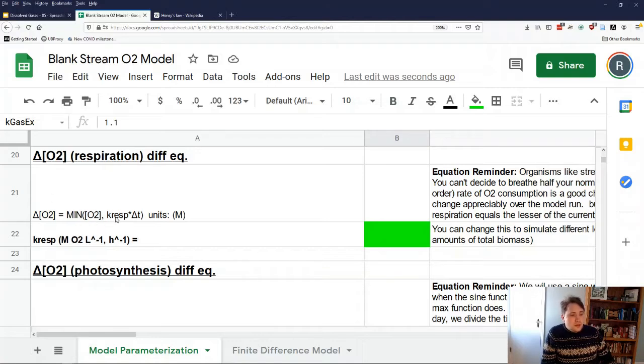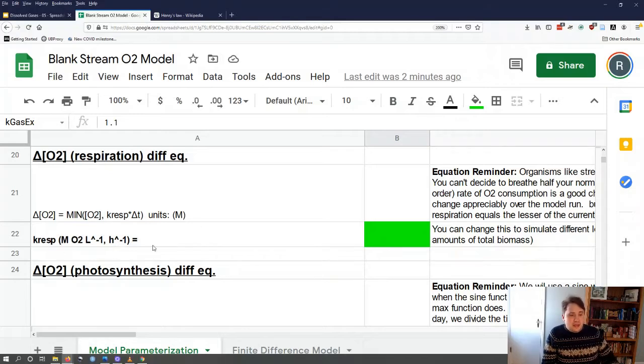So the rate law actually is just KRS times delta T, but we want to say if that value is greater than the present concentration of oxygen, just make the whole respiration term equal to the present concentration of oxygen. That means that the system is going completely anoxic. Things are going to die. We're not going to explore scenarios where that happens, but that is something that can happen. So I just wanted to make sure that we don't blow up the model by having negative oxygen concentrations.